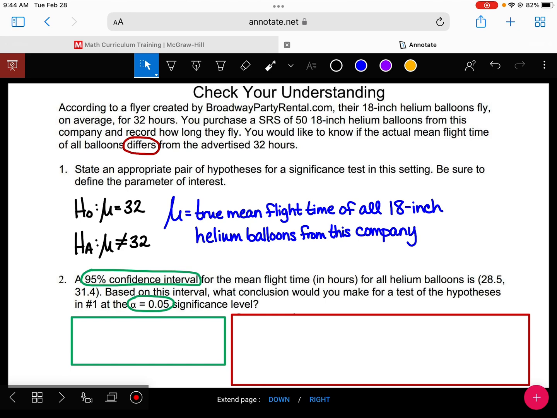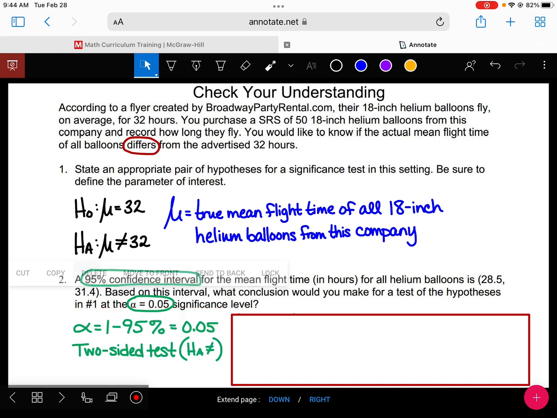95% confidence interval is what they gave us. So I can evaluate this for a not equal, a two-sided alternative hypothesis at the alpha equals 0.05 level. Would you reject or fail to reject? That's a clear reject.